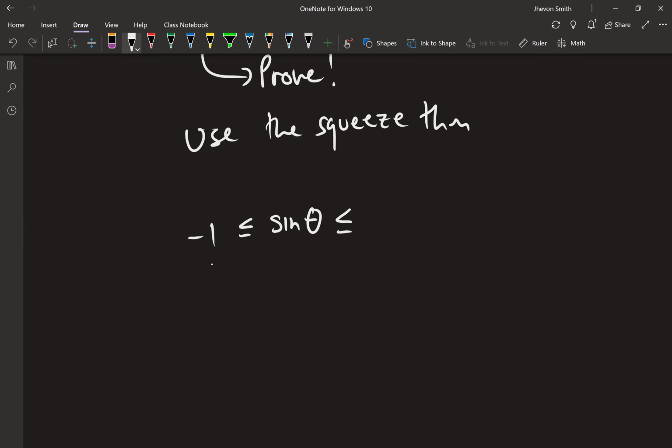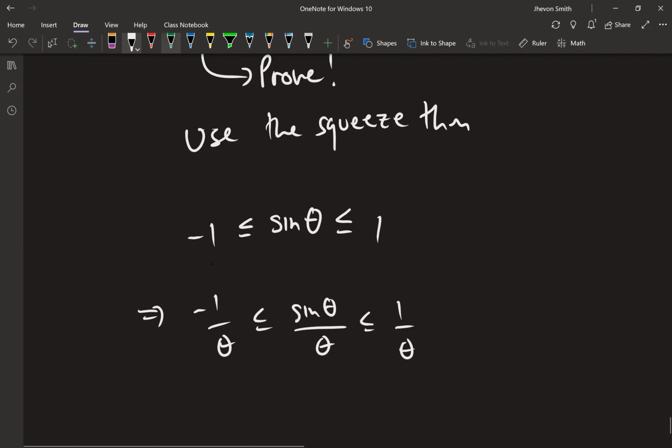Right, -1 and 1. And then what you did was you divided everybody by theta. So you started out with a trig function, you bounded the trig function, and then you built up to the original function from the trig function. Then you took the limits of everybody. What you'll realize here is that the outer limits went to something that you knew how to deal with.